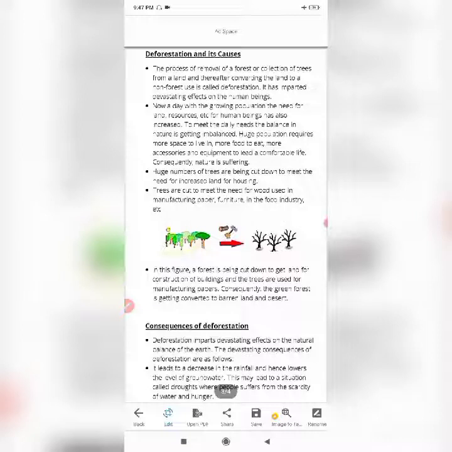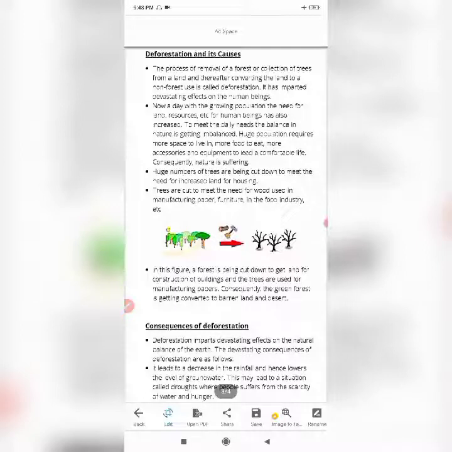And there is a negative thing: blind deforestation is affecting our biosphere, our biodiversity, and our planet.